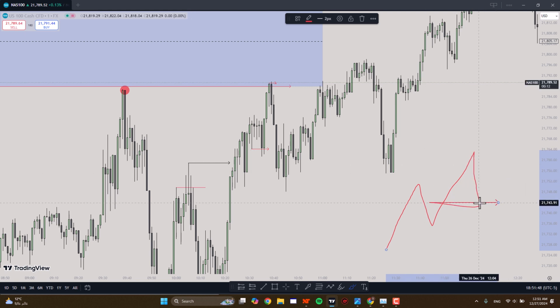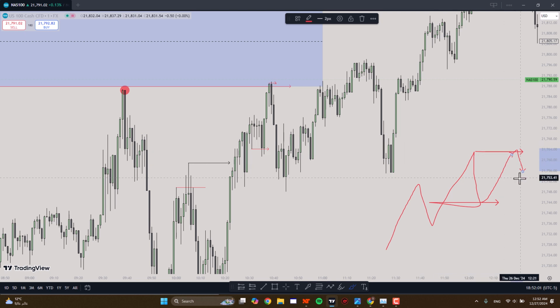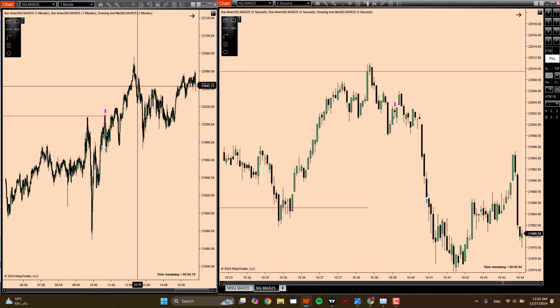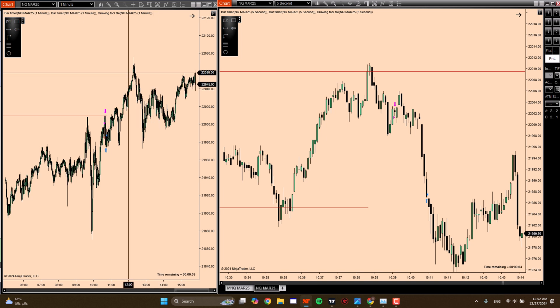So this is an example for an expansion, but we can also take the pullback into here if there was a point of interest to reject price to the downside, and we do have that in our case, which is that imbalance. All right, so that was the alternative for a 1 minute zone or a higher time frame zone.